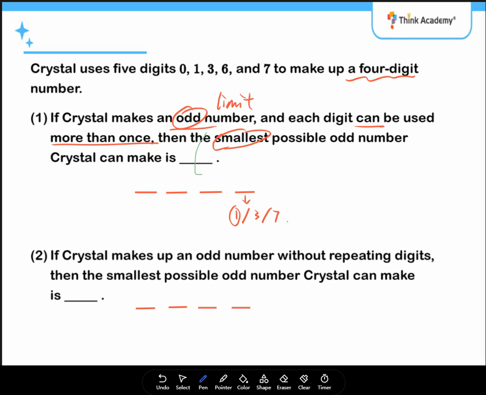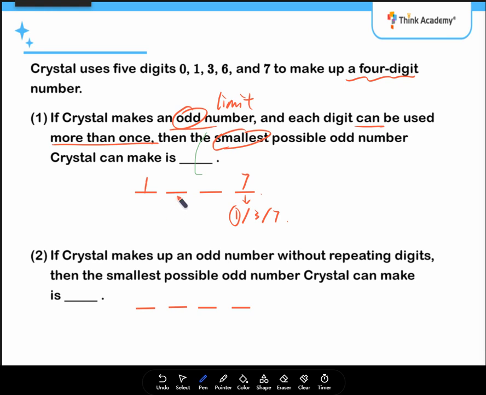Actually, we need to use 1 in the first digit. So in this way, if we want to make it as small as possible, maybe we should use the bigger numbers in the final digit, like 7. And in the first digit we should use 1, right?